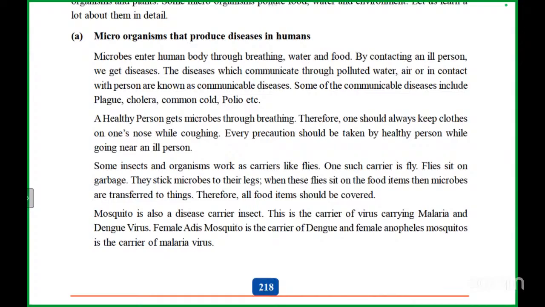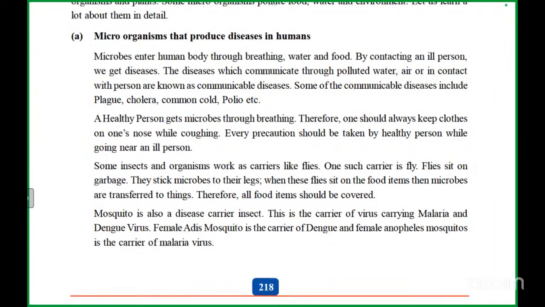So not all mosquitoes will give you the virus if they bite you. But if it is one of these two mosquitoes, and we cannot identify them, then you may get dengue or malaria.